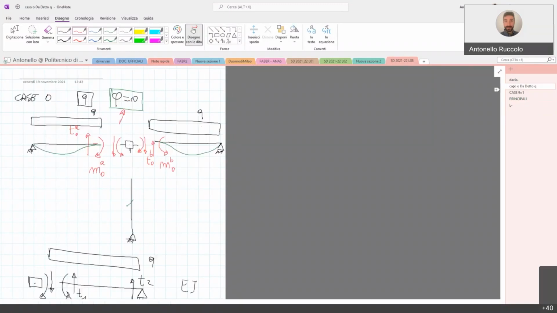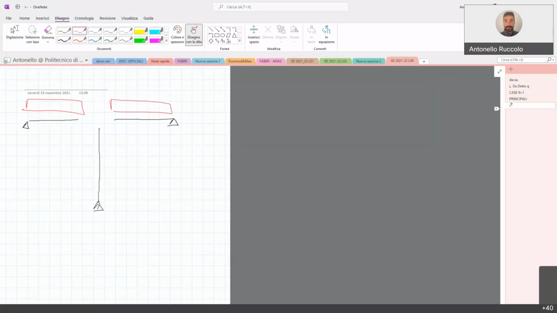We also have these reactions that are brought from the node to the beams. So that we have that this and this are applied on the beams.